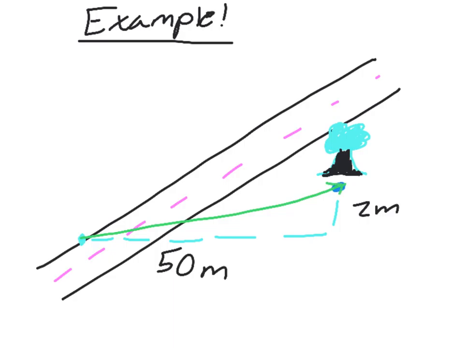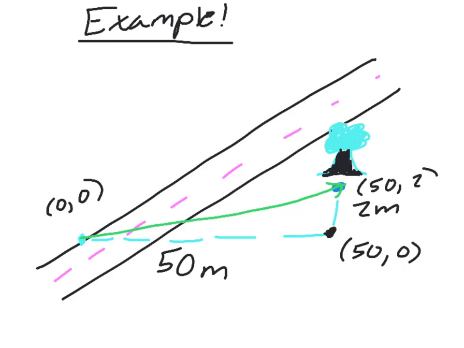Now what is the vector equation for that? Let's set some coordinates. So this aqua dot will be our origin, so it starts at 0, 0, and over here, since he went to the right 50 across the street, that'll be 50, 0. Then he went up 2, so this blue dot here will be 50, 2.